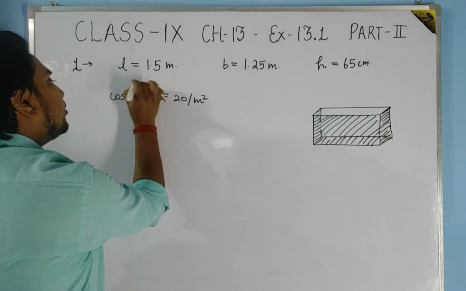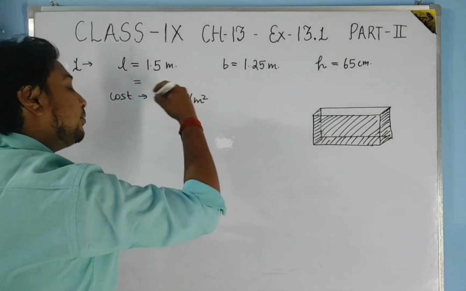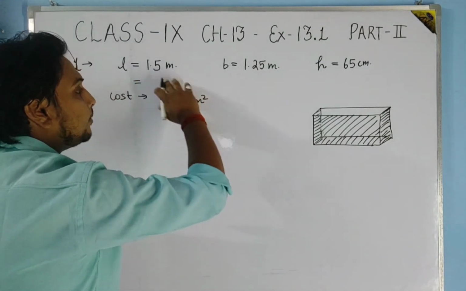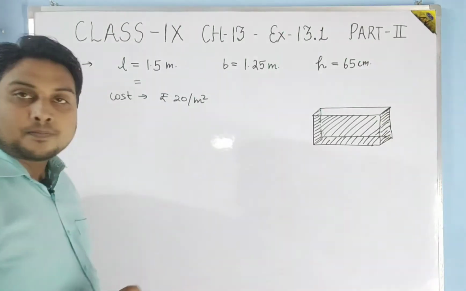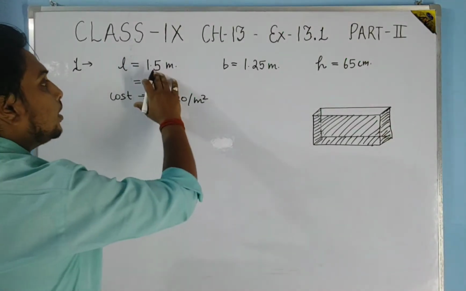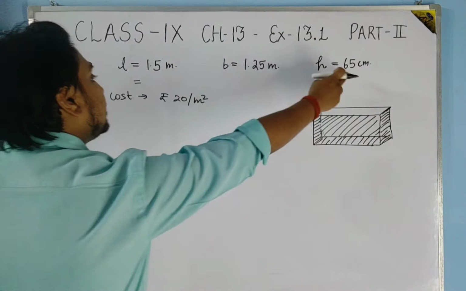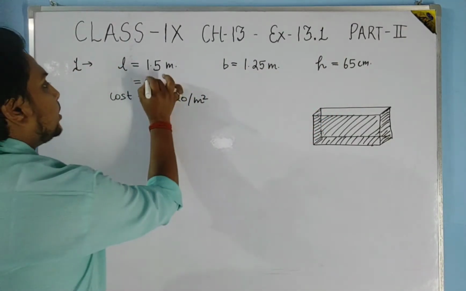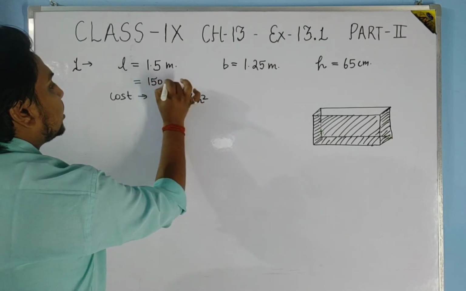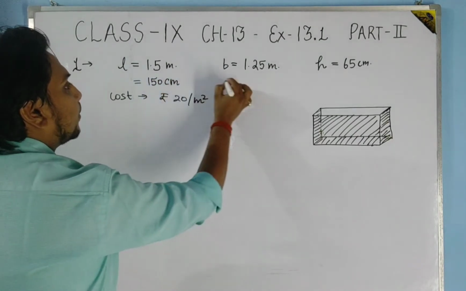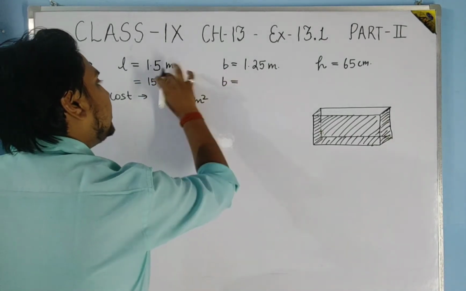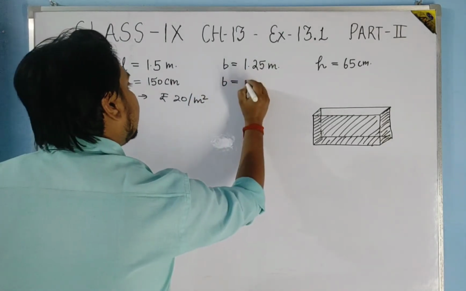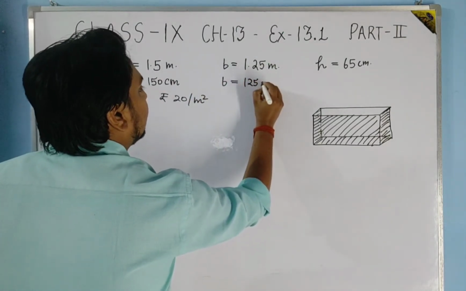Firstly, I'm going to change the unit. See, here it is centimeter and here it is meters. So I'm changing the units of these so that all 3 remain in the same unit.